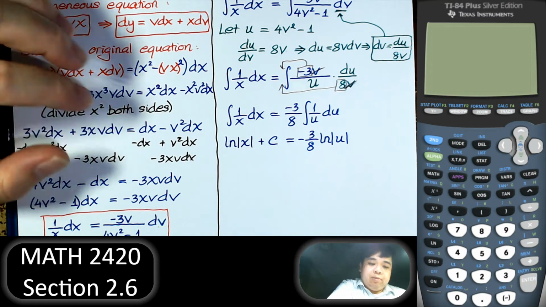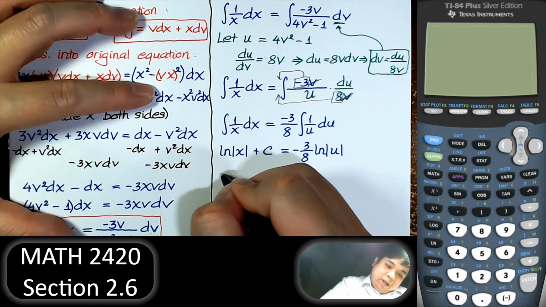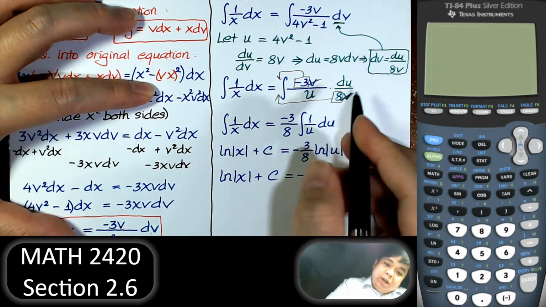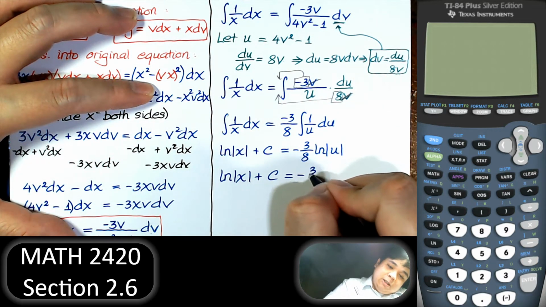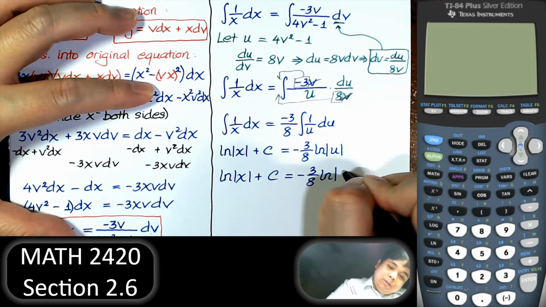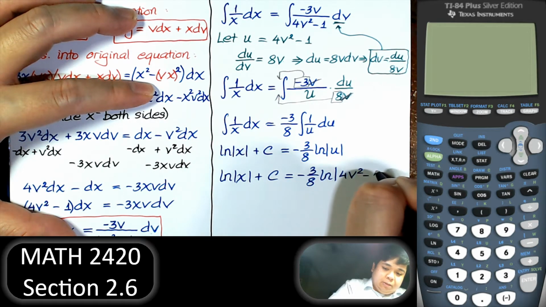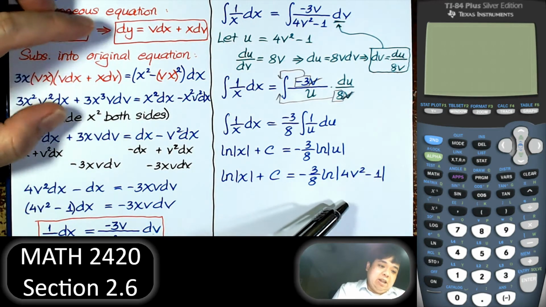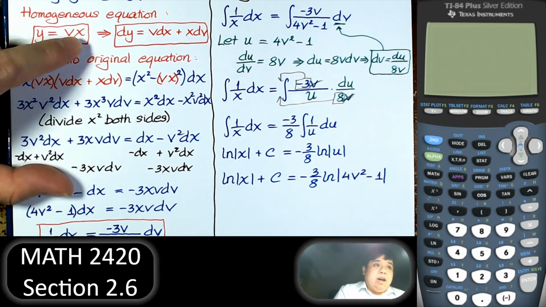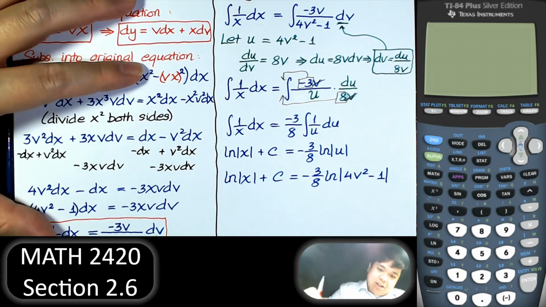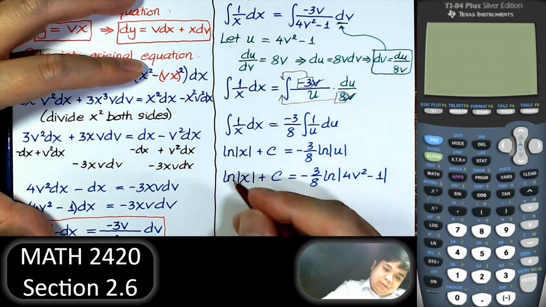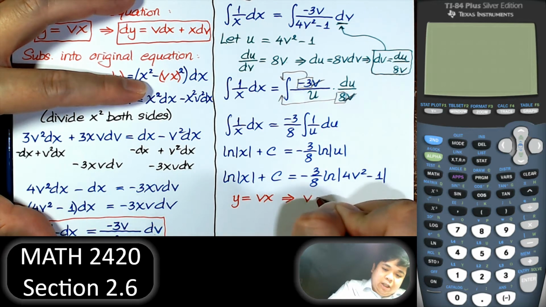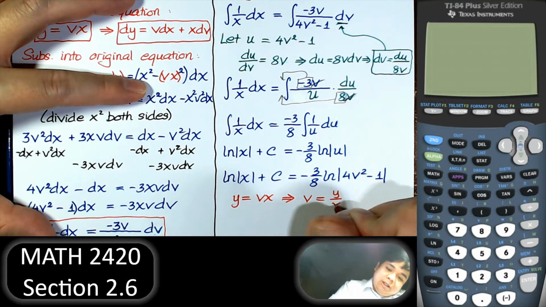So that will be ln of absolute value of x plus c, and u is 4v squared minus 1. And finally, y is v times x, so v is y over x.